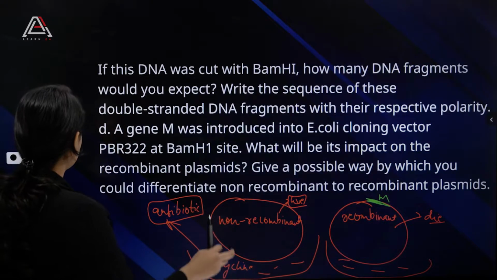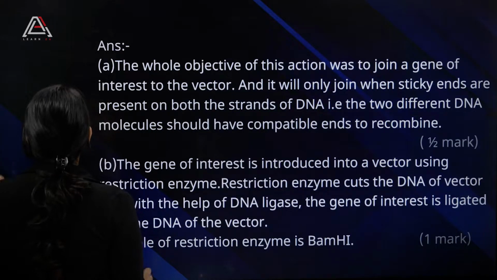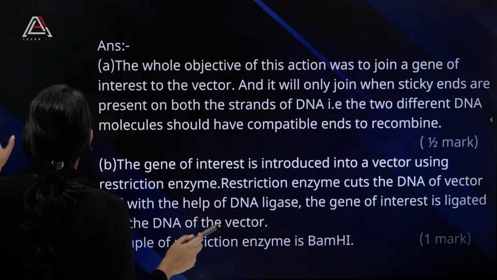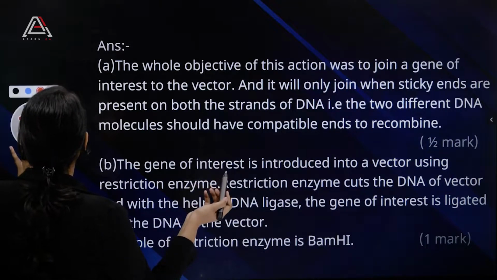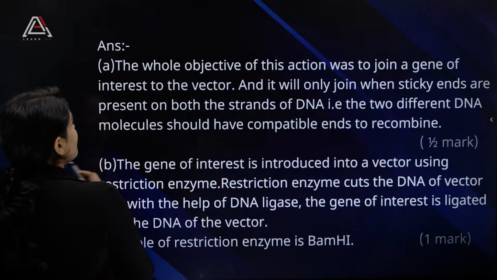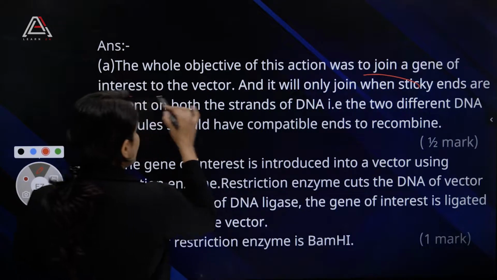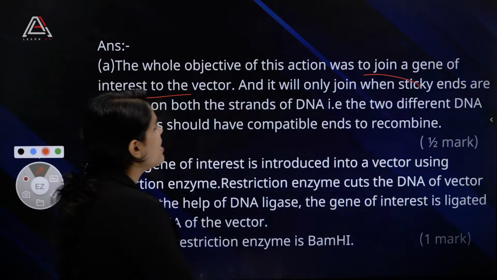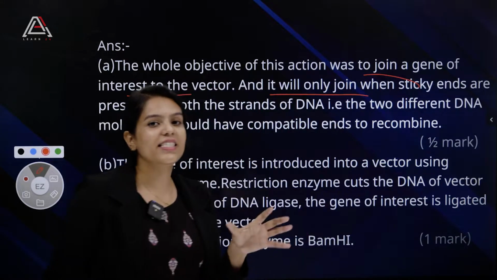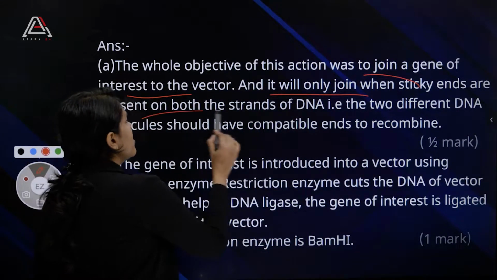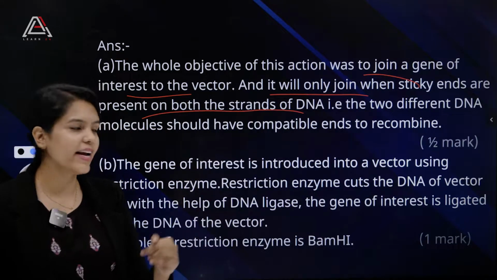Okay, perfect. Let's move on to the answer and see the answer for each and every part. The first part is talking about the whole objective of this action, which was to join the gene of interest to the vector, and it will only join when the sticky end is present. You have studied about sticky ends, right?